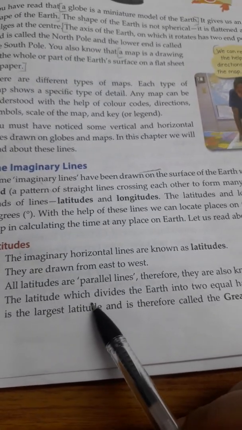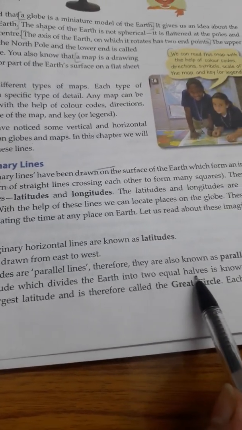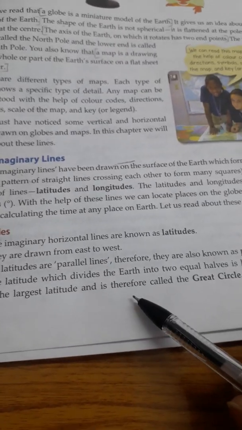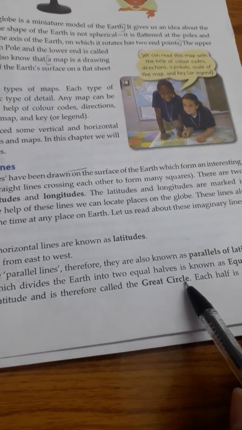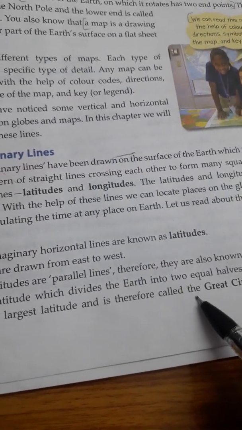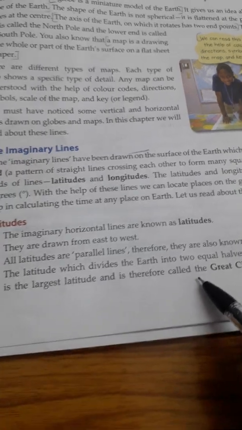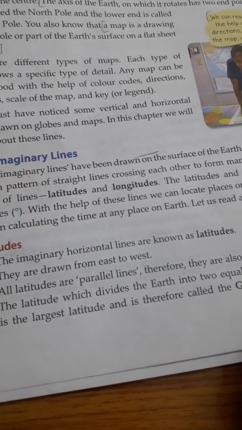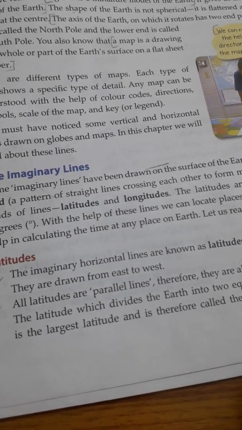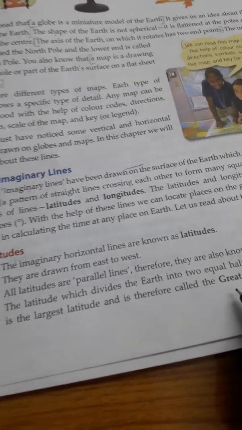The latitude which divides the earth into two equal halves is known as the largest latitude, and is called the great circle. The great circle is also known as the equator, the largest latitude, and it is drawn from east to west as a horizontal line.